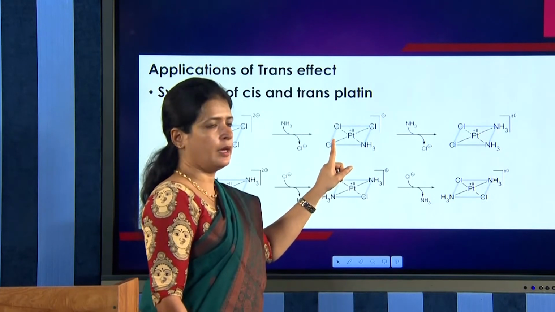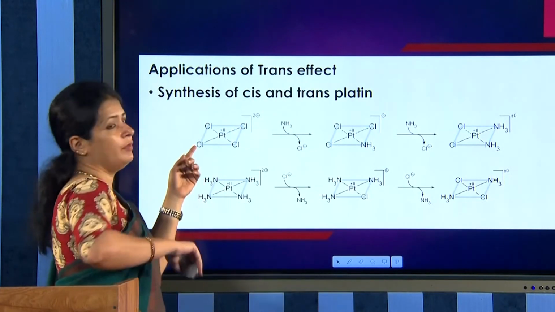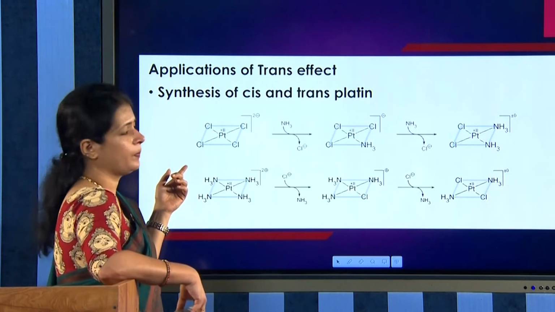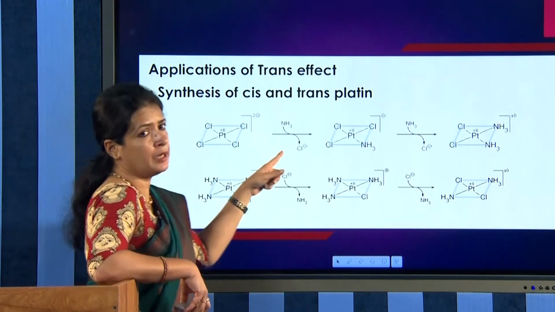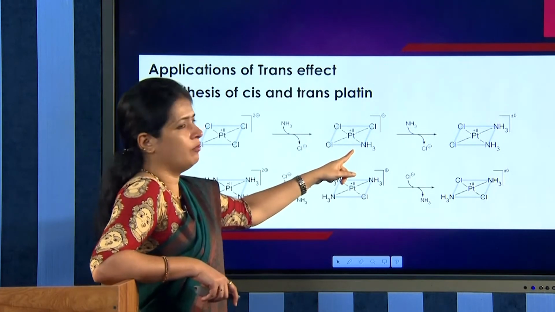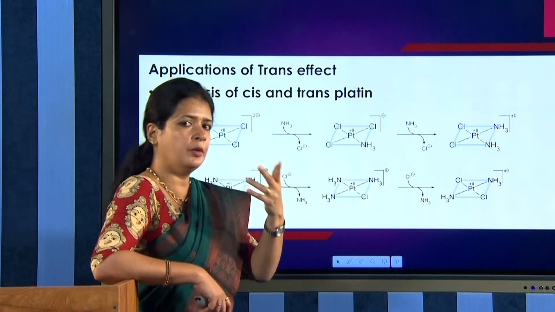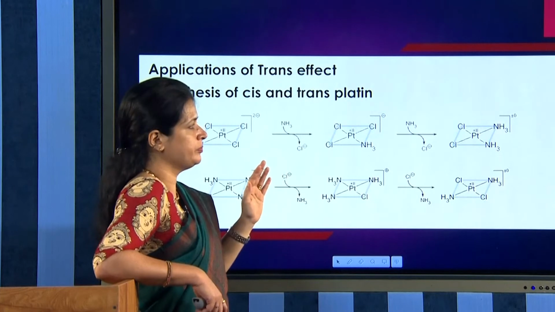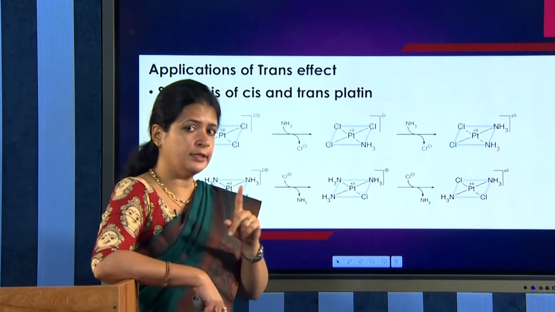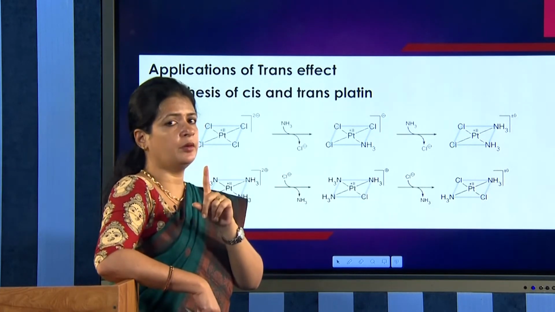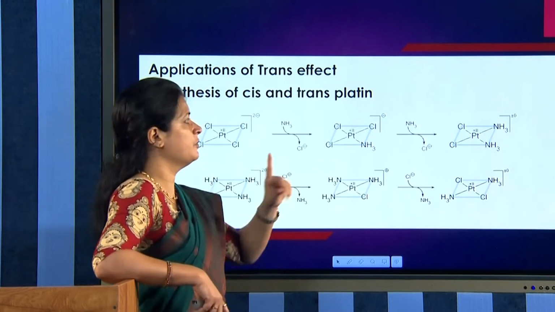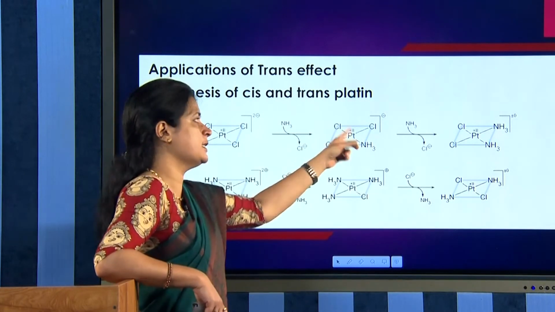No, I repeat. First we will be starting with the PtCl4 complex. I am adding an ammonia molecule, and one ammonia molecule is being substituted here, and again if I add one more ammonia molecule, what happens? I have to consider the trans effect, the ability of the trans effect, which is having the greater ability. It is Cl minus.